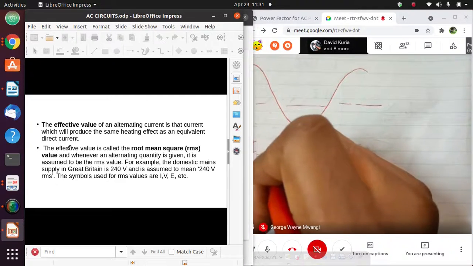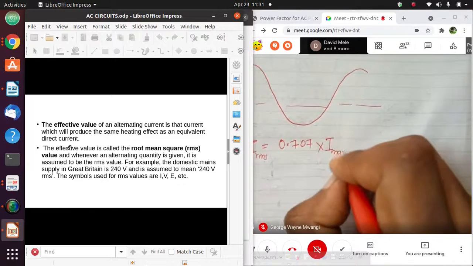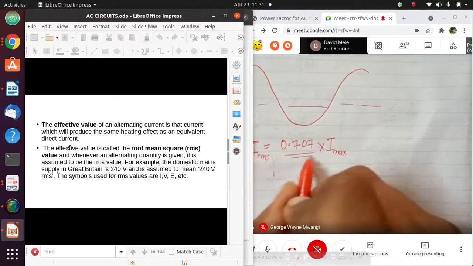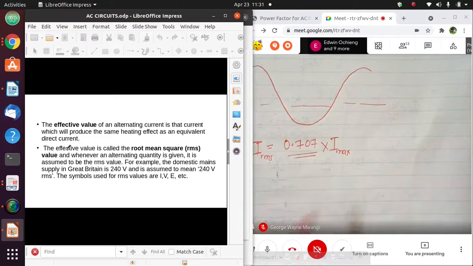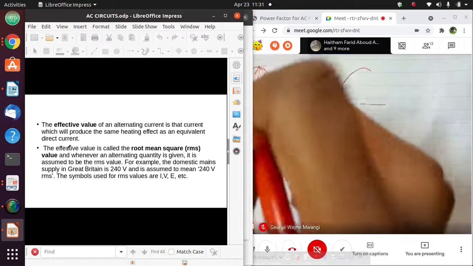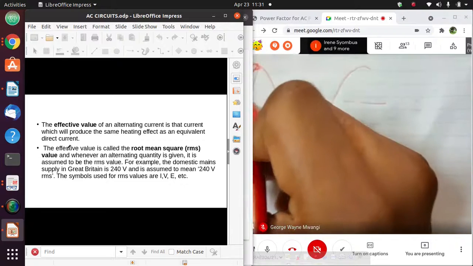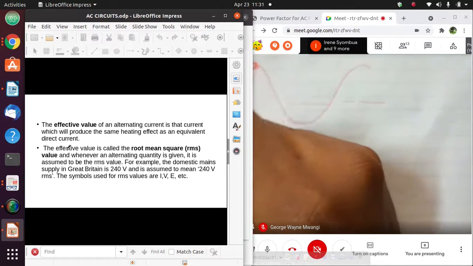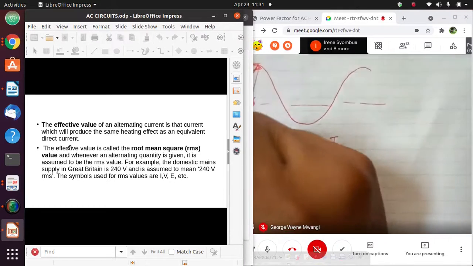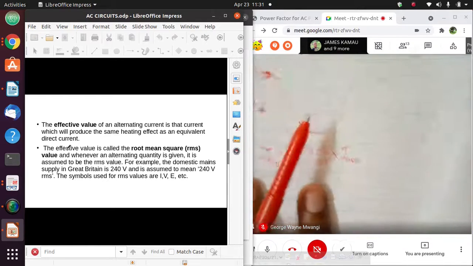In this case we are talking about current. The RMS current is given by 0.707 times the maximum value of current. The maximum current, the peak value, is that value of current when measured from the mean point in our wave.